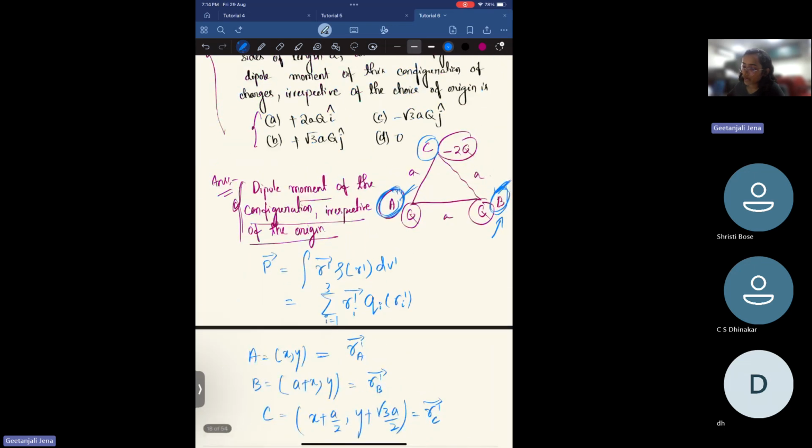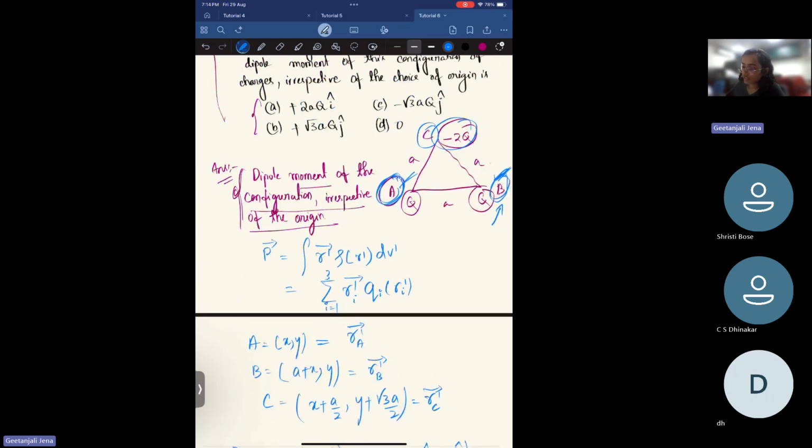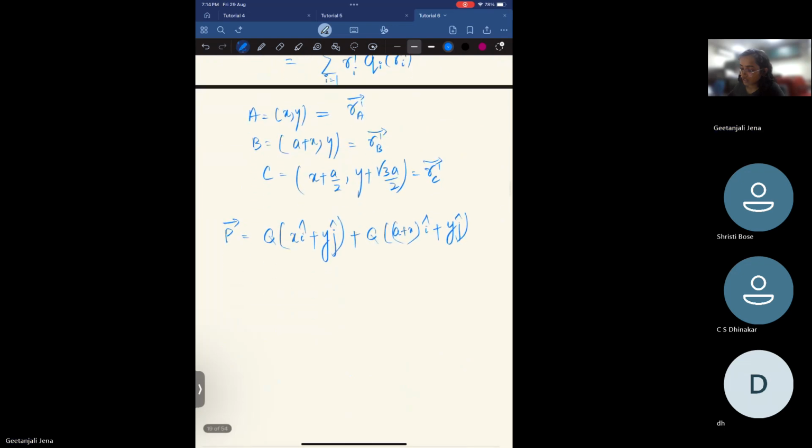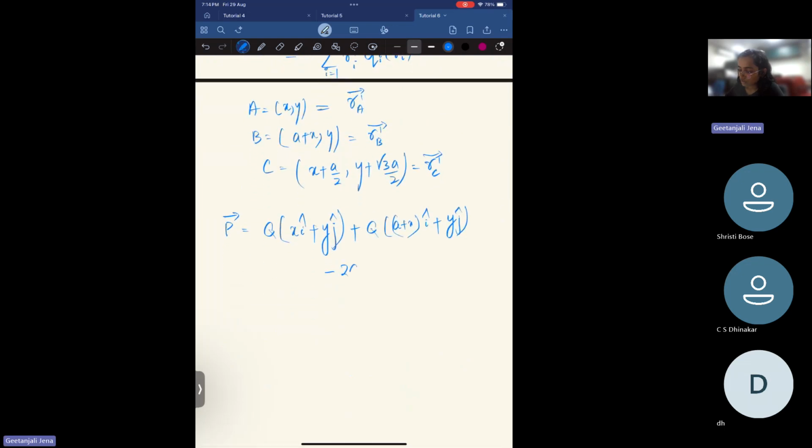The third charge is minus 2q, which is at the point RC. RC is x plus a by 2 i cap plus y plus root 3 a by 2 j cap.